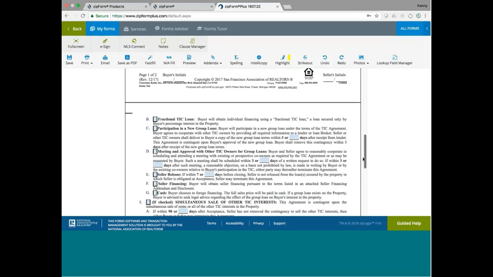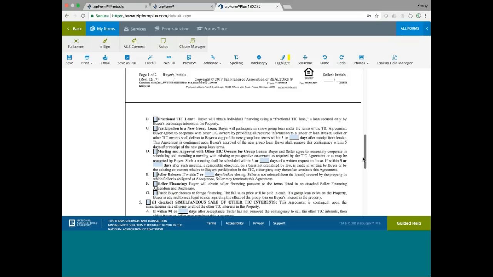You may need approval of the other TIC owners for a group loan. I think C is less likely and D is more likely. That's also one way to get financing, which is to get a new group loan. As you can see, it's a lot of work trying to buy a TIC interest.